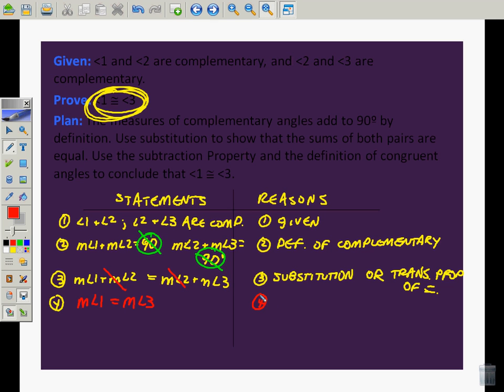Because I can use the subtraction property of equality to subtract the same thing from both sides. Now that I have that, I'm going to wrap it up and say angle 1 is congruent to angle 3. And that's the definition of congruence.